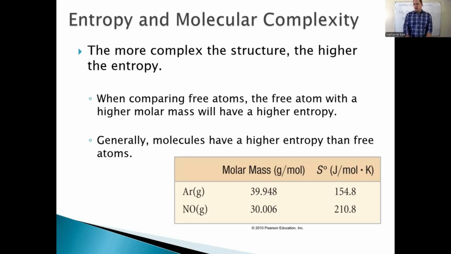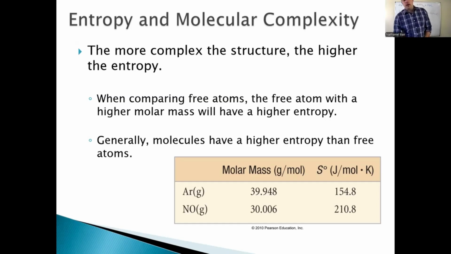I want to talk about entropy in a little bit more detail. I'm going to talk about entropy and a phenomenon called molecular complexity. Here's where this gets at. The more complex the Lewis structure of a molecule, the greater the entropy in that molecule. I know what you're thinking. What? Okay, but it's true. Here's what's going on.